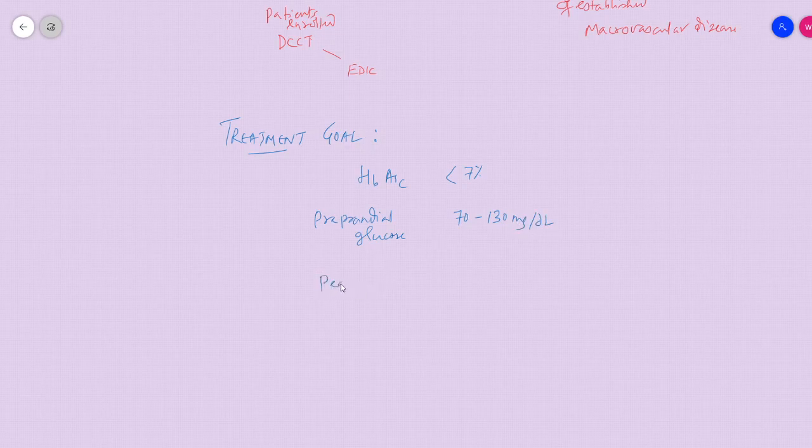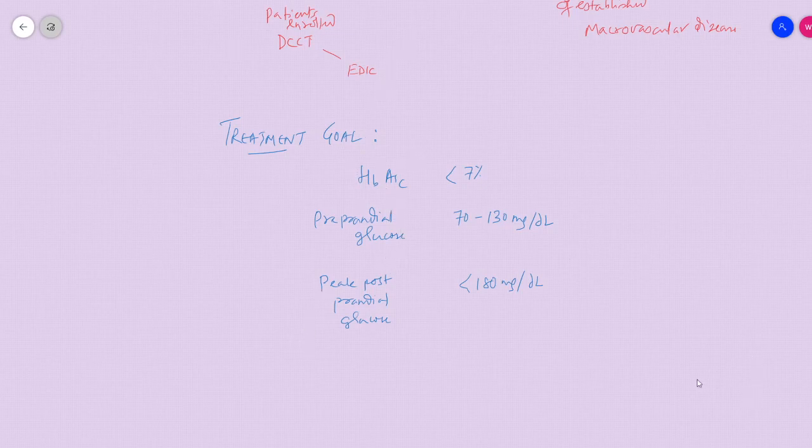And the peak postprandial glucose should be less than 180 milligram per deciliter. So this became the goal for patients with diabetes mellitus, and it's based on these clinical studies.